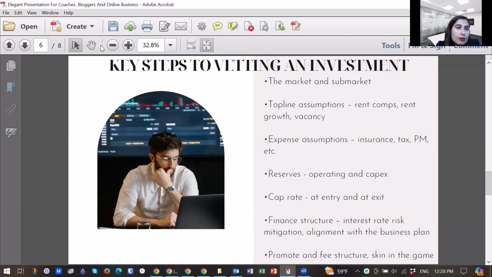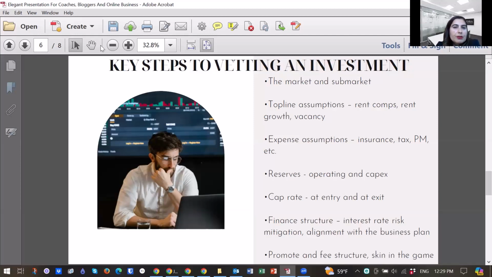Unexpected things will always happen, and they do occur. So I think of the reserves as that rainy day fund that is there to help me during unexpected or turbulent periods, something I can dip into if or when needed. So hopefully I don't have to ask my partners or investors for additional capital.